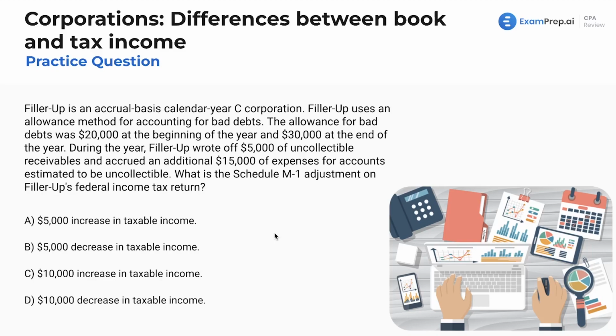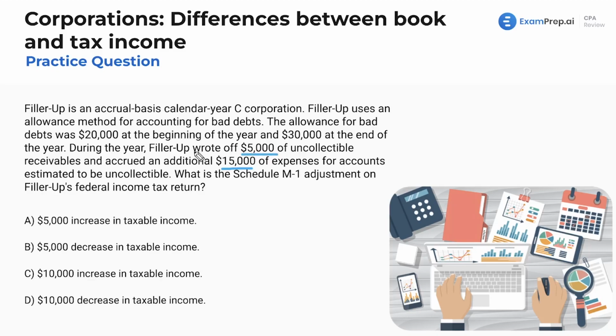Under the allowance method for bad debts, which is used for book purposes, Filler Up recorded how much? They recorded $15,000 in bad debts for accounts estimated to be uncollectible. However, Filler Up is only going to be able to deduct a certain amount under the direct write-off method. Now, what is that? That would be $5,000.